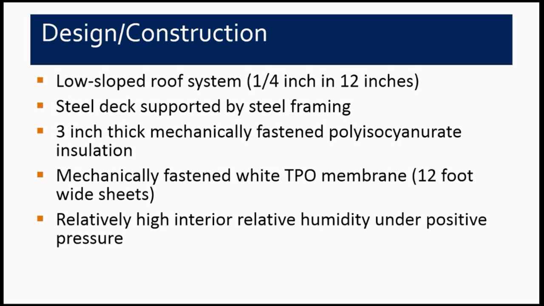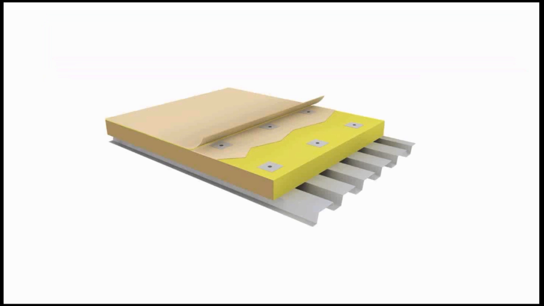The 12-foot wide sheets were obviously an economy when you have a roof of this size, and they were only connected at the seams. So they're connected 12 feet on center with a row of anchors. The interior relative humidity was fairly high, and it was under positive pressure.